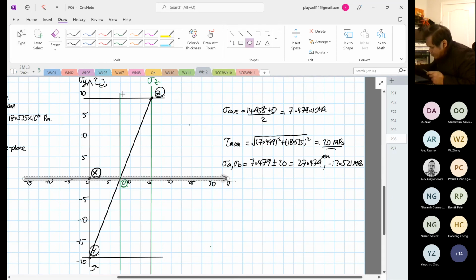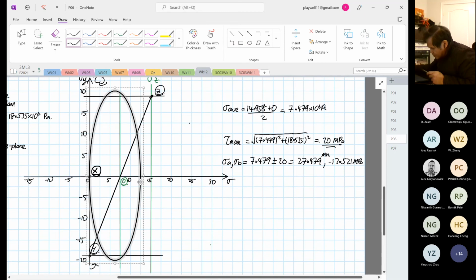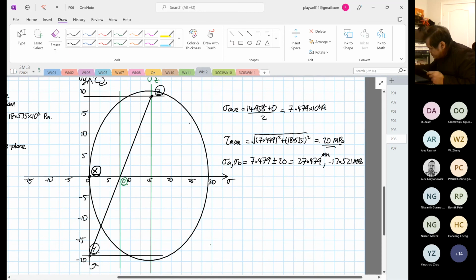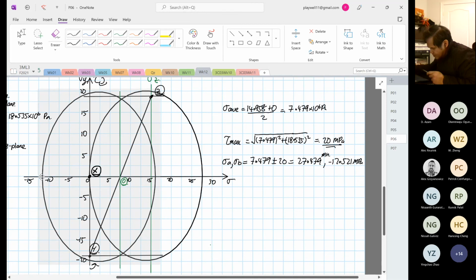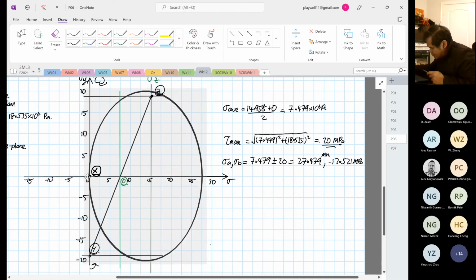Okay, so now we know that the maximum is at 20. Right. And then this is 27.5. So this is 27 point, yeah, about 12.5 is about here. Come on.